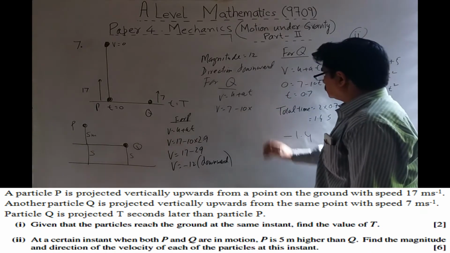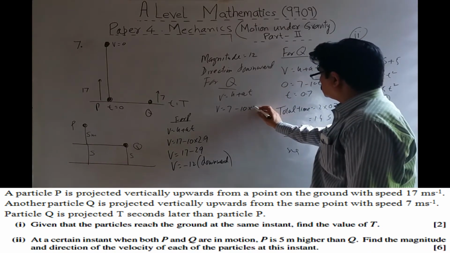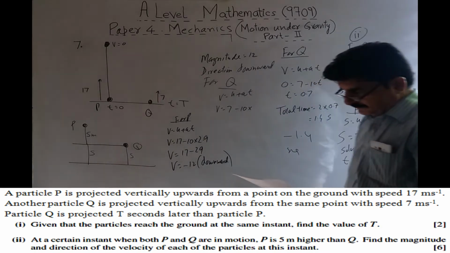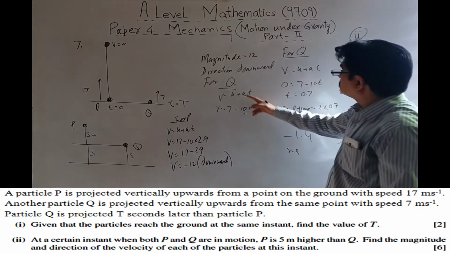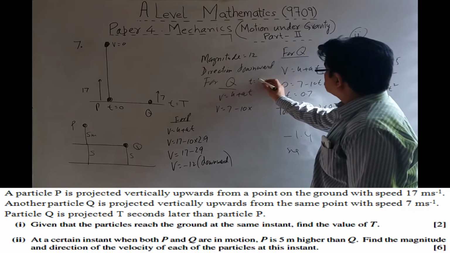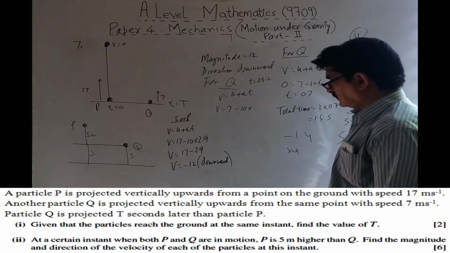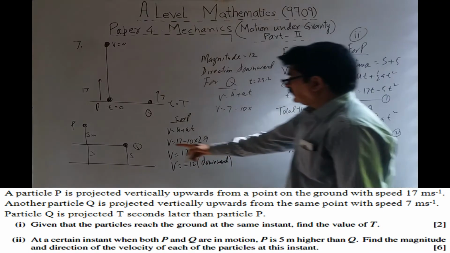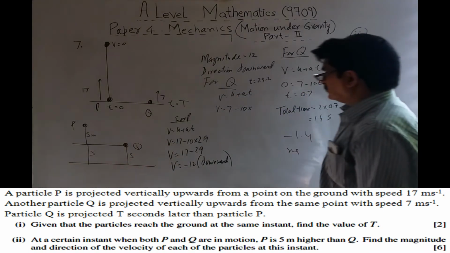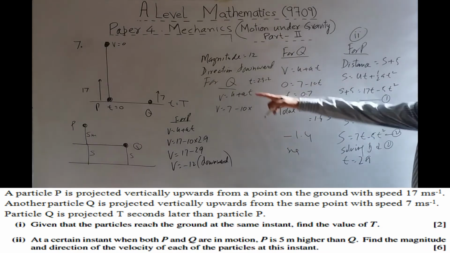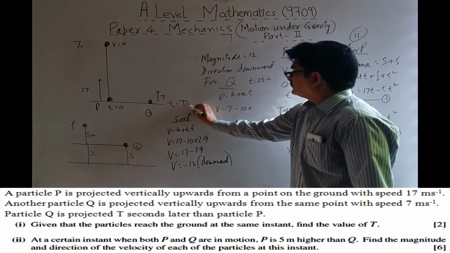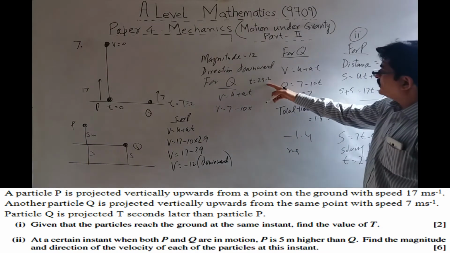Now for Q, a very important point: the time will be 2.9 minus 2 seconds, because we projected Q after capital T's time, which we found to be 2 seconds in the previous part.